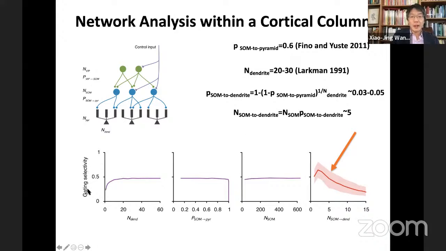We found that the gating is pretty good, insensitive to most of those parameters, except the number of SST neurons that target a particular dendritic branch. If that number becomes too small, then you lose the gating capability.